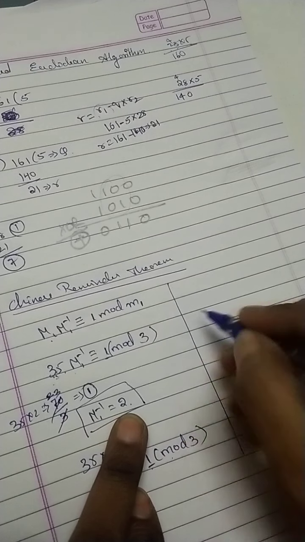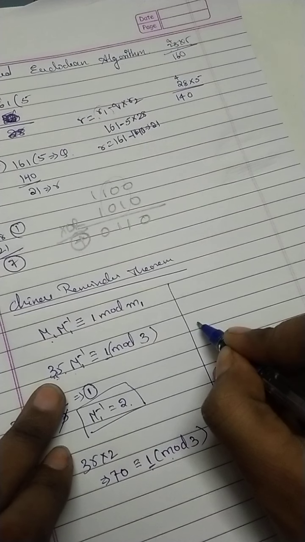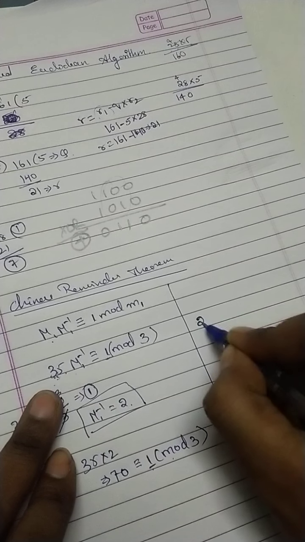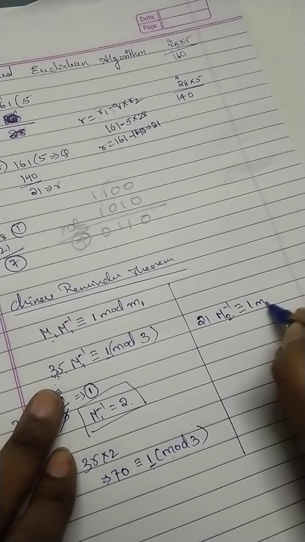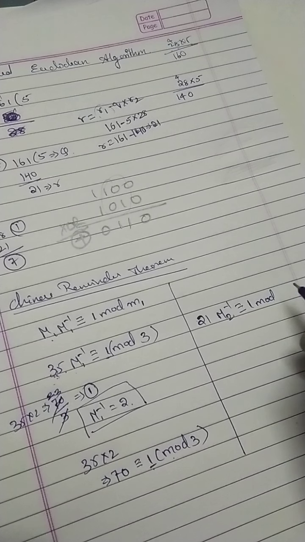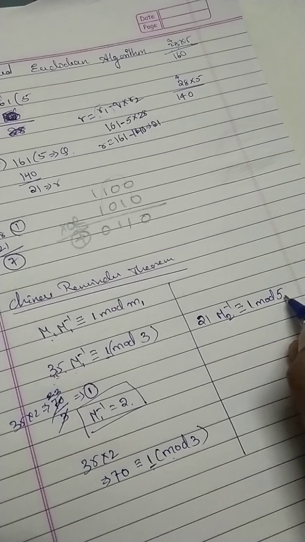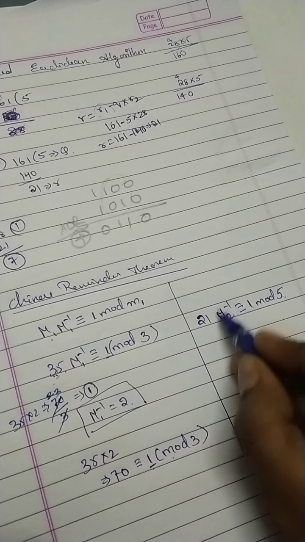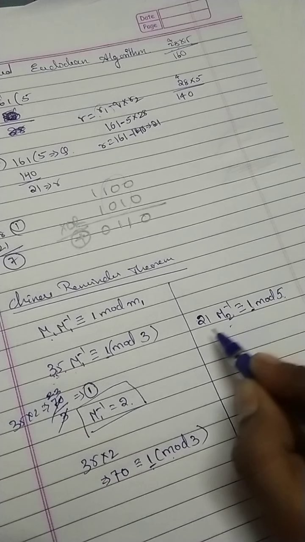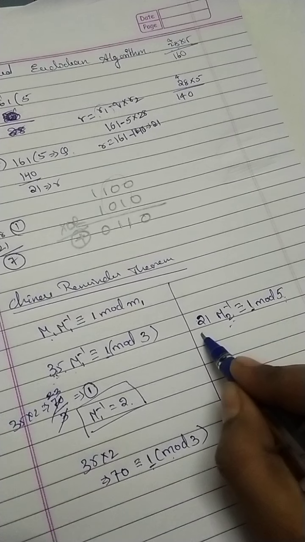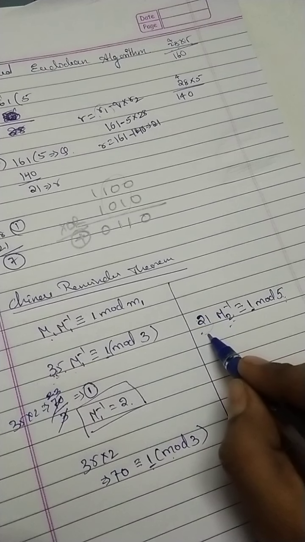Similarly, you have to find m2. The m2 value is 21. m2 inverse is congruent to 1 mod 5. Now you have to find the value such that the remainder is 1. For 21, 5 fours are 20, so you will get 1 as the remainder.